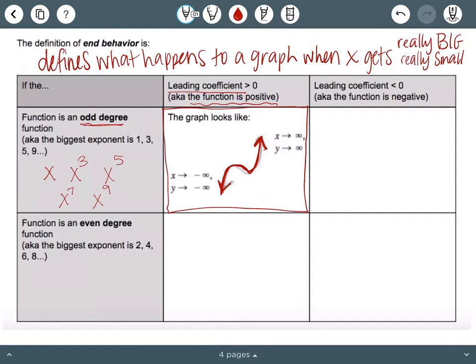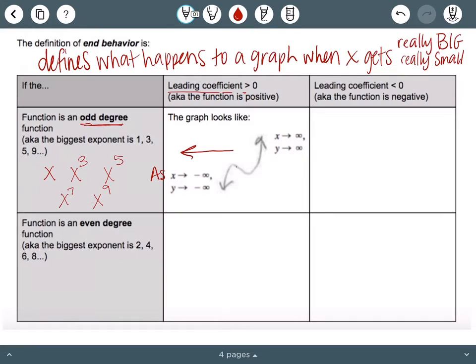So we have some funky notation here, but what this means is that as x goes to negative infinity, so if we're thinking about it on our x and y axis, as x goes this way, right? Let me clear up some space here really fast. As x goes this way, we're wondering what happens to the graph.